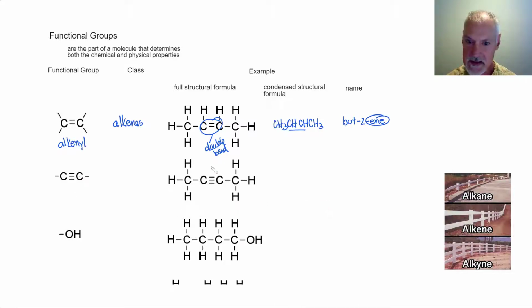The next one contains a triple bond. For triple bonds, the functional group is given the name the alkynyl functional group, and the class of chemicals are called the alkynes.